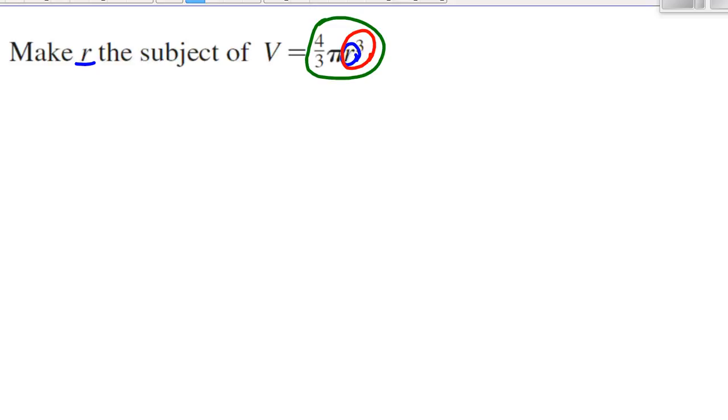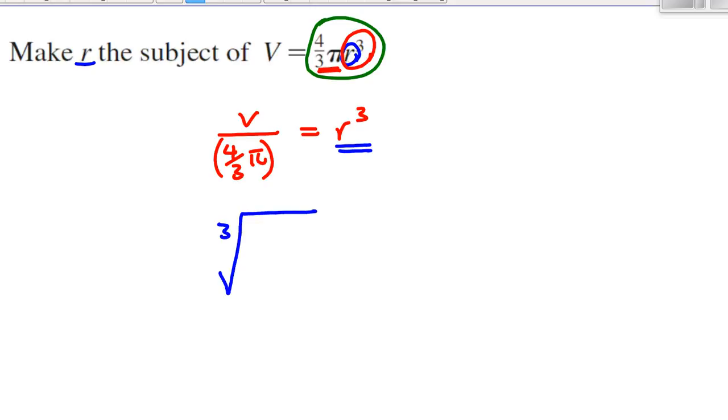So the opposite of multiplying by 4/3 pi is dividing, so we'll have v over 4/3 pi is equal to r cubed. The opposite of cubing r is cube root, so the cube root of v over 4/3 pi is equal to r.